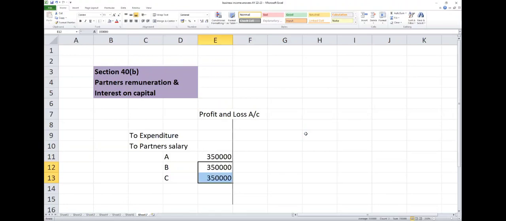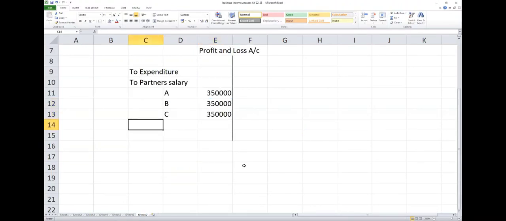All the three are working partners and they draw equal remuneration. Interest on capital.